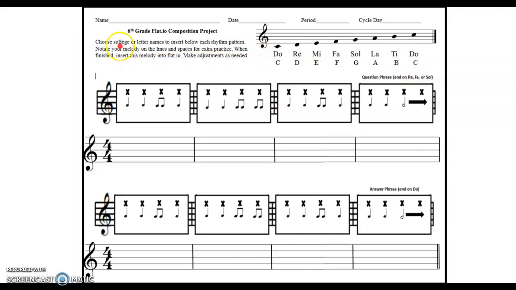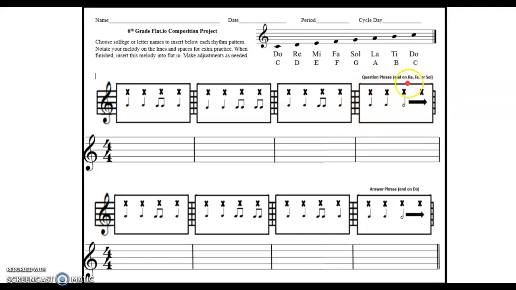You may either write solfege names underneath the rhythms, or you could use the letter names and write them underneath the rhythms. In the boxes, you're going to write the names of the pitches that you want to use. You're going to write for each of the 8 boxes. Please note that the question phrase ends the first box.